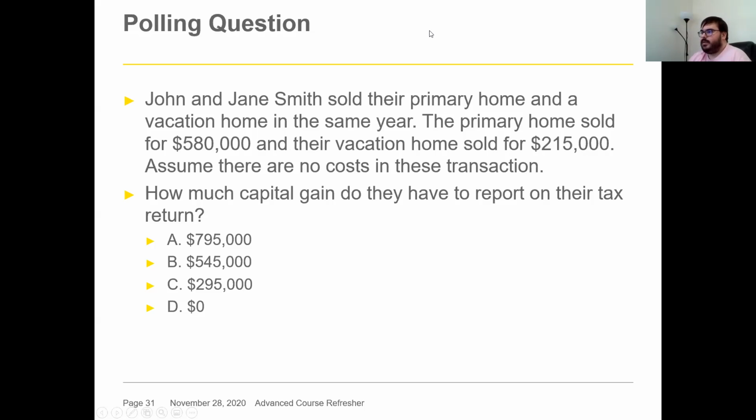Let me launch the polling question. And for the purpose of this exercise, assume they are married filing joint.